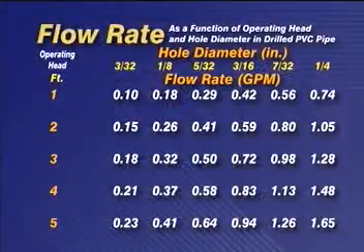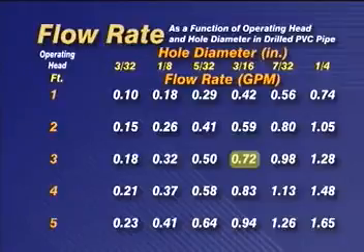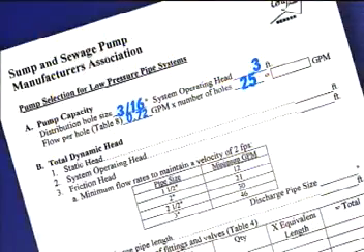Referring to Table C for flow rate as a function of operating head and hole diameter, included in your work materials, we can read across from the 3 feet of operating head to the 3/16 hole diameter column and find 0.72 gallons per minute. Multiplying 25 holes by this 0.72 gallons per minute, we find we'll need a pump capable of maintaining a flow rate of 18 gallons per minute at the total dynamic head, which we are now ready to calculate.